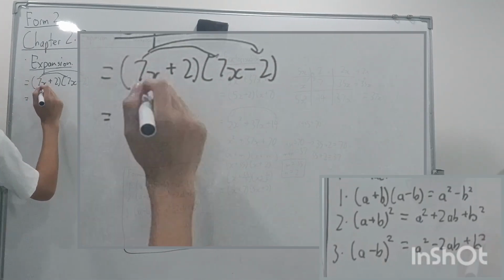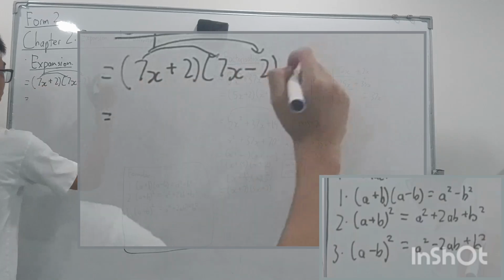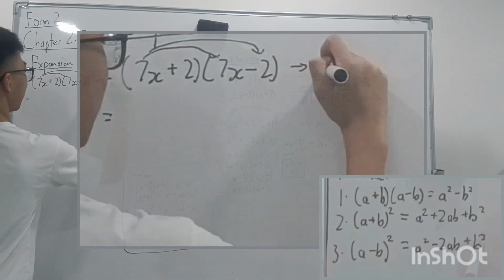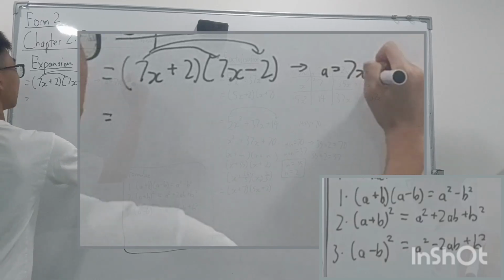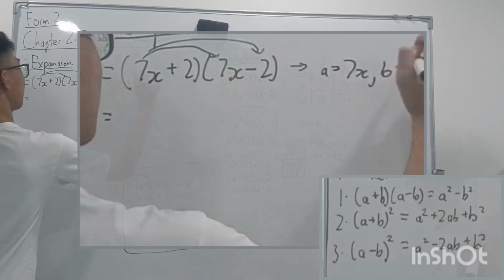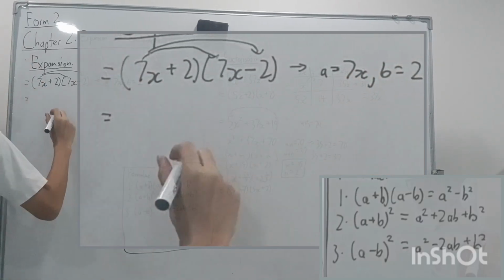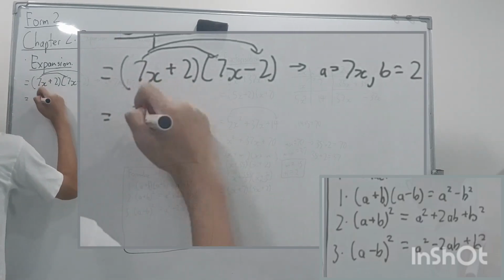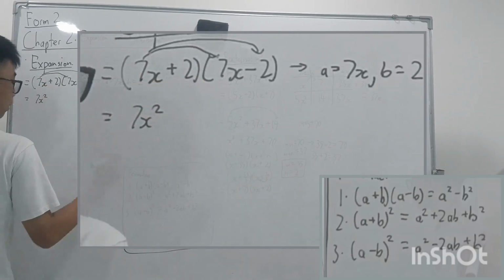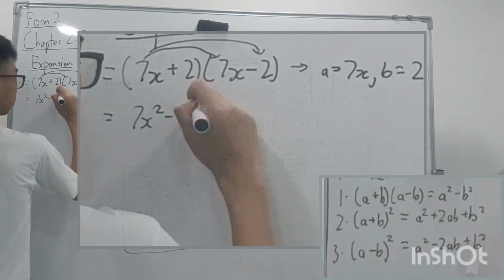In this scenario, a will be 7x and b will be 2. So it is equal to 7x squared minus 2 squared.